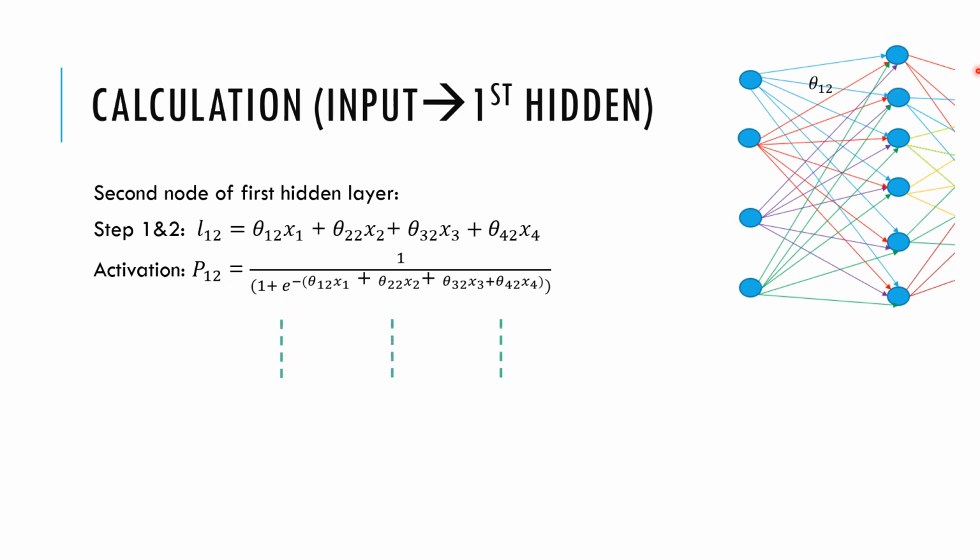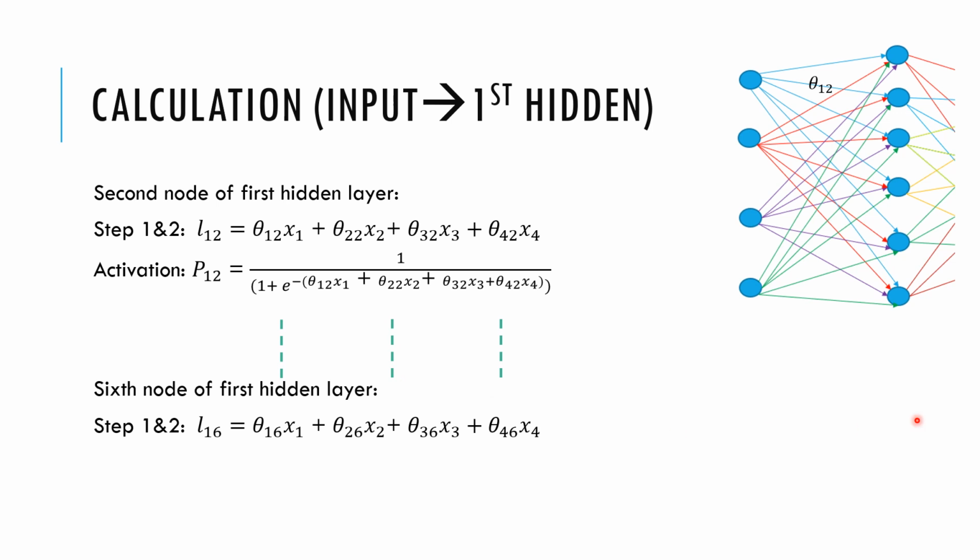So likewise we go for all the nodes. I have not mentioned all the nodes here, just the last node, the sixth node. Again, it's the same thing. L16: 1 is for the first hidden layer, 6 is for the sixth node. And again, for each input variable, you have different theta values. The first digit is for the input node and the second digit is for the sixth node here.